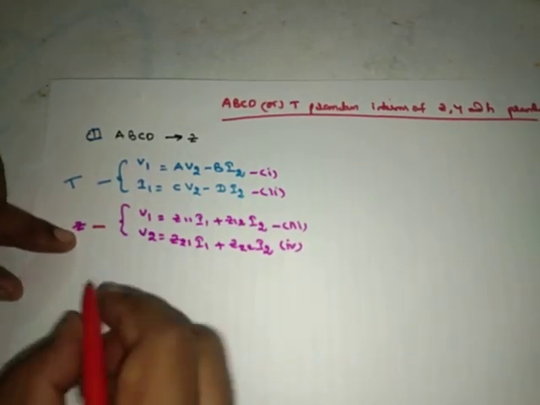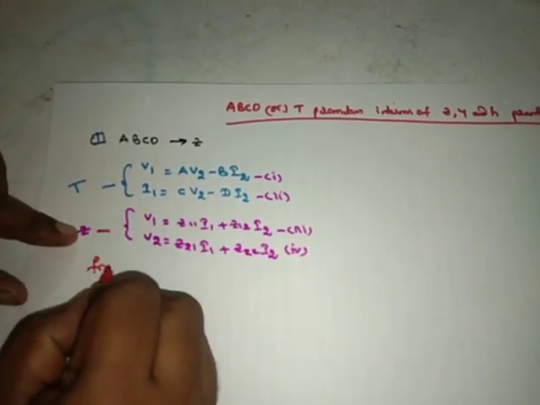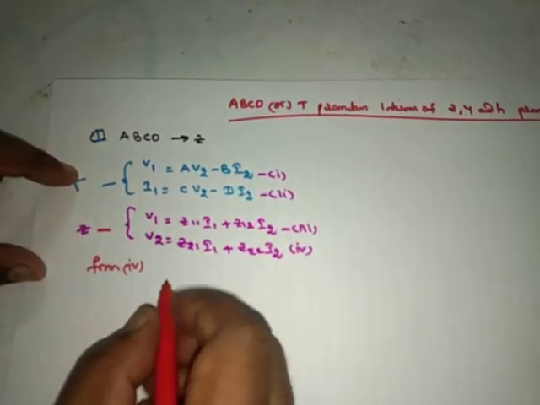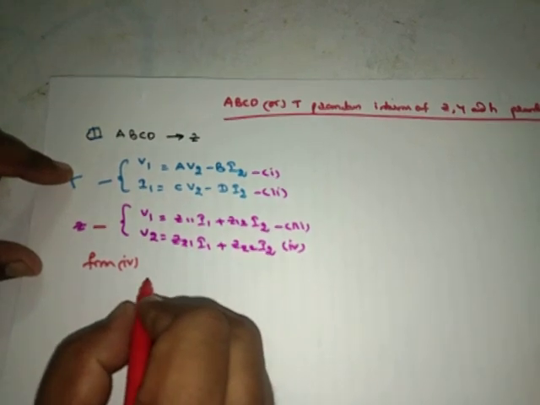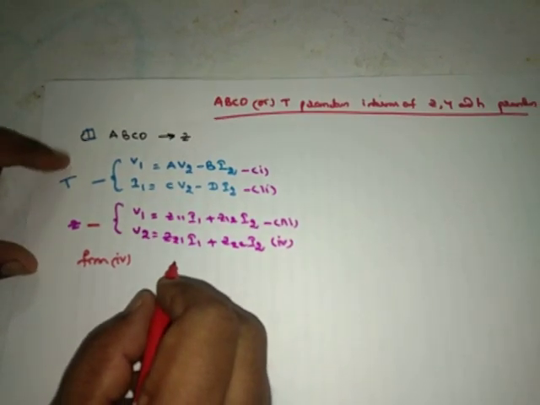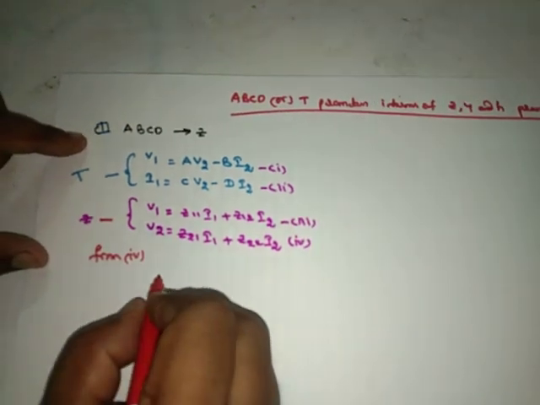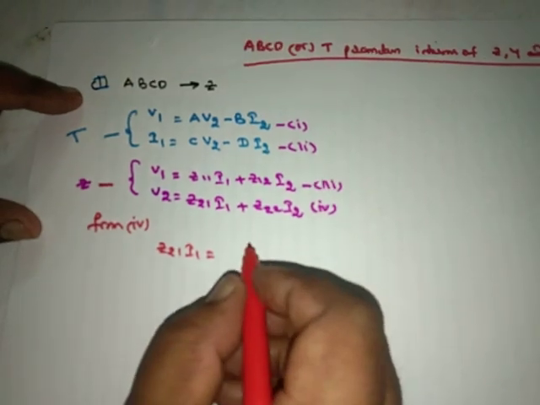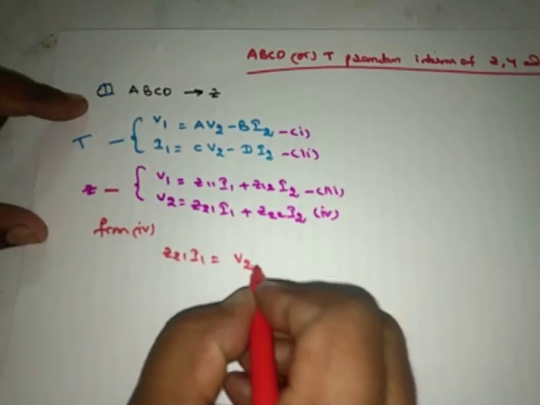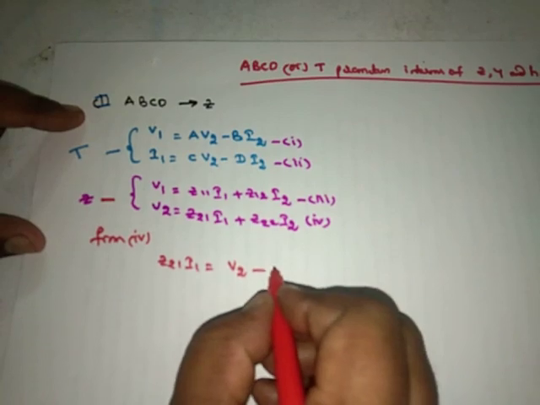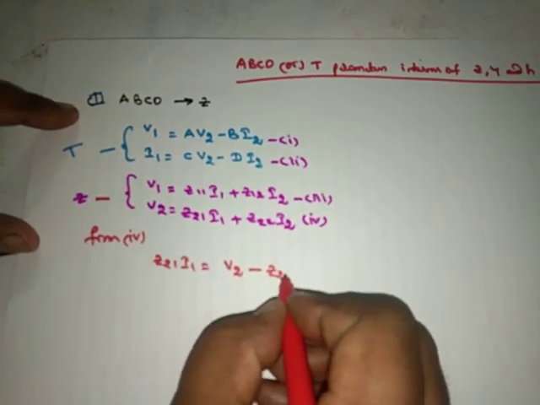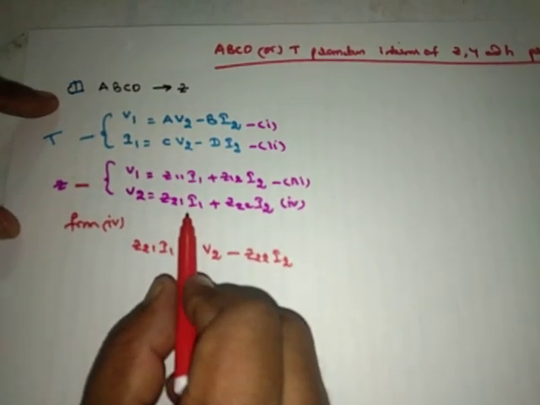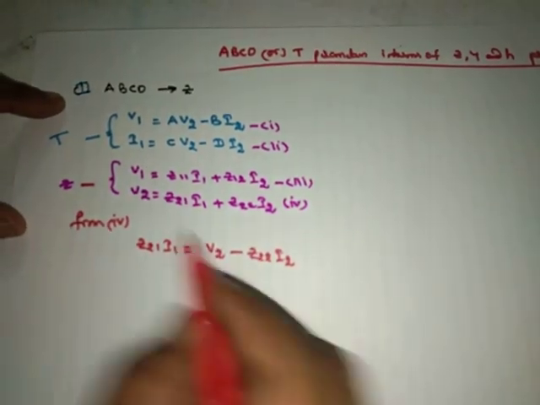From 4, we have to find I1, right? So from 4, Z21 I1 is equal to V2 minus Z22 I2. So Z21 I1 is equal to V2 as it is, take this to the other side.